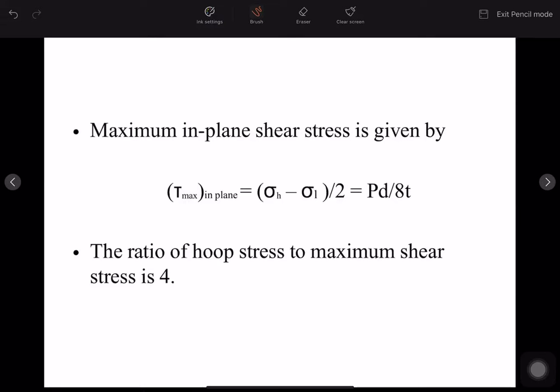So maximum in-plane shear stress is given by tau max, which equals sigma h, that is hoop stress, minus sigma L, whole thing divided by 2.